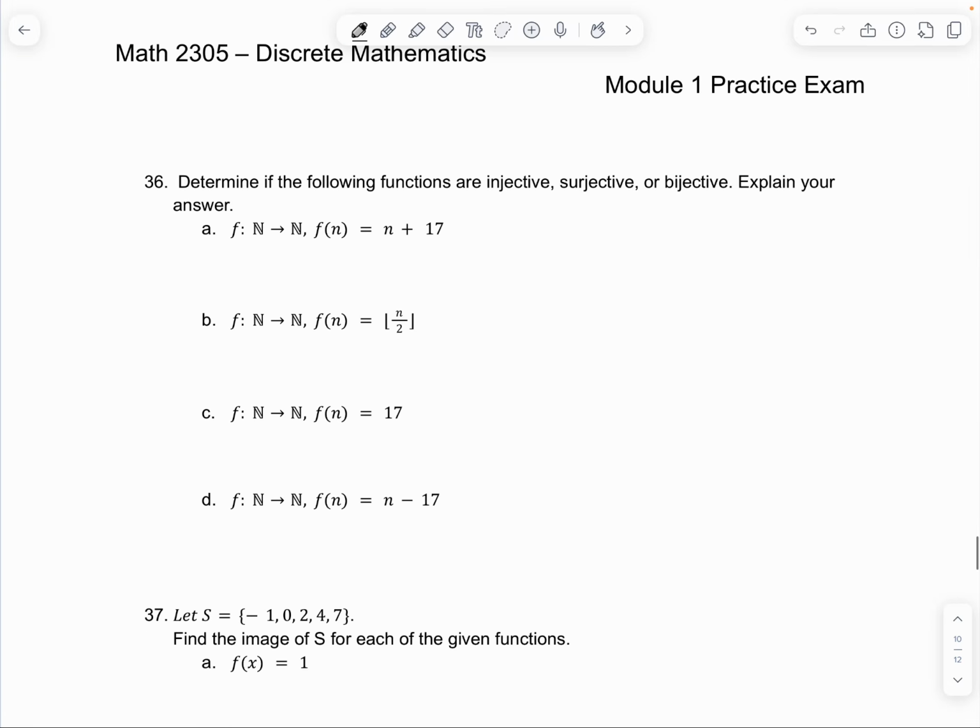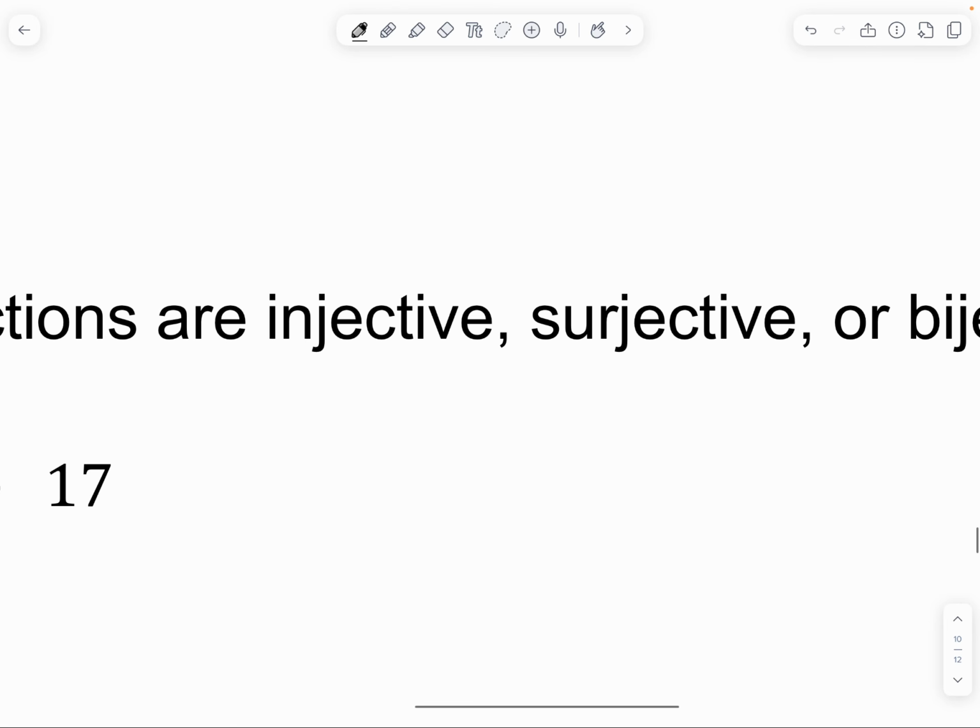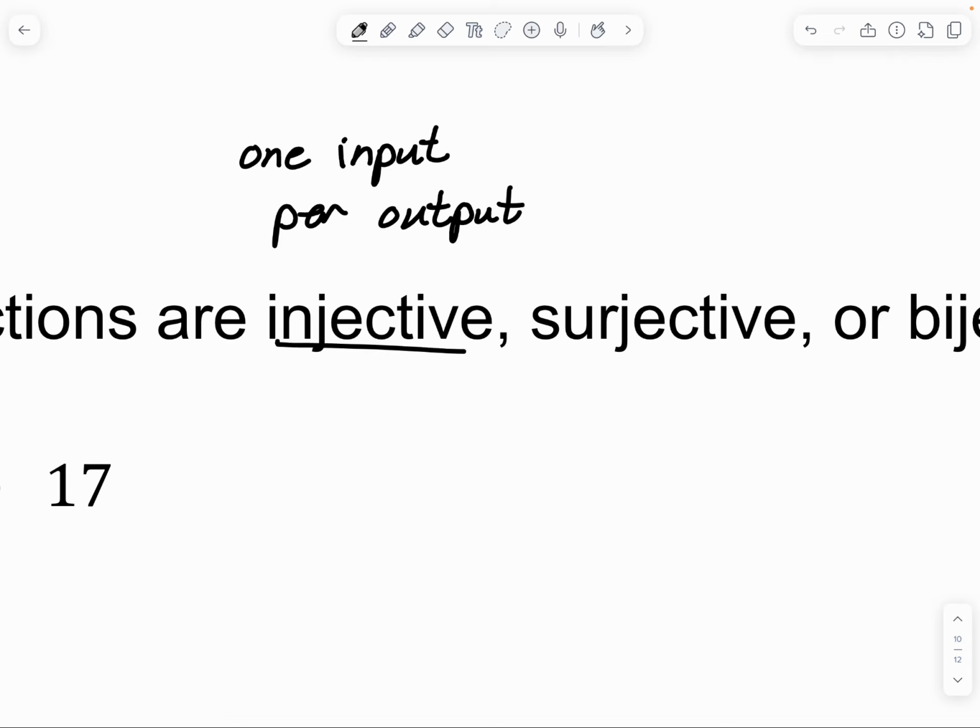Okay, I want to do 36. 36 is good. Determine if the following functions are injective, surjective, or bijective. Injective, if you remember, means one-to-one. So one input to one output. One input per output. That's what injective means.